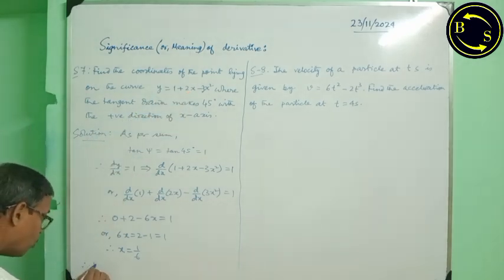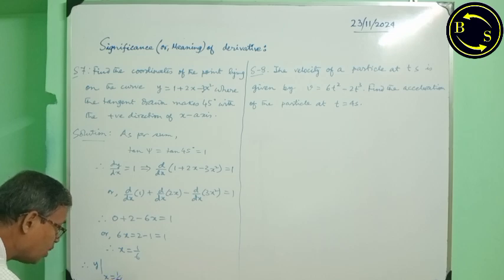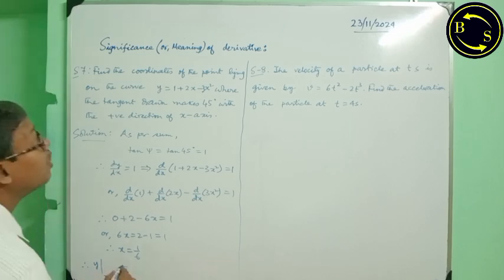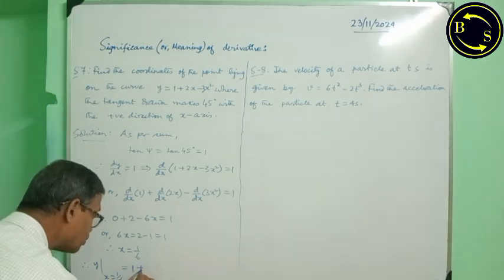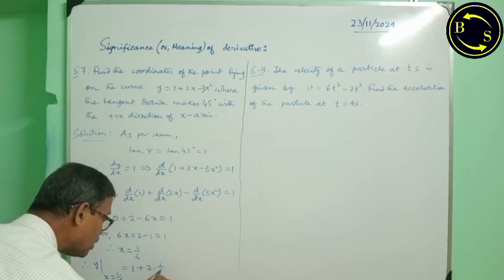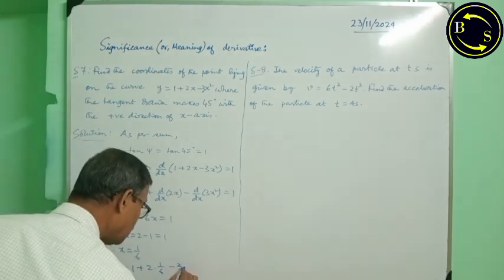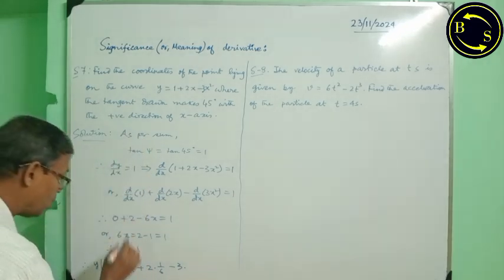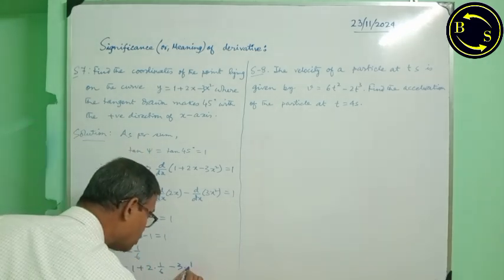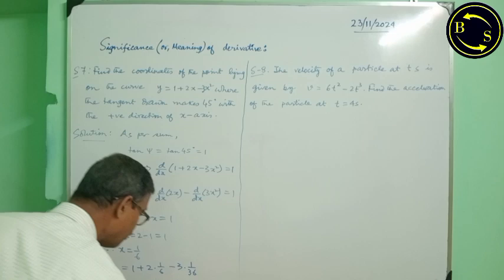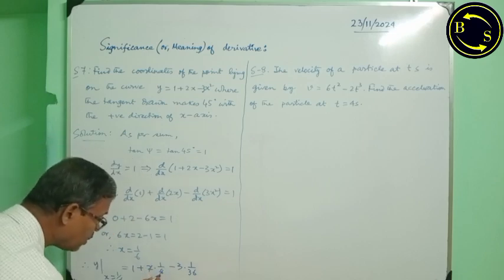therefore, y when x equal to 1 by 6 is equal to 1 plus 2 into 1 by 6 minus 3 into x square, means 1 by 6, 1 by 36. Now we simplify.